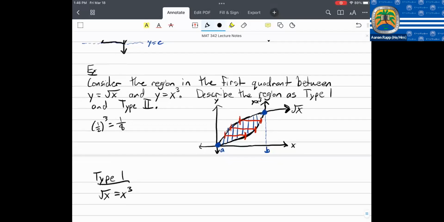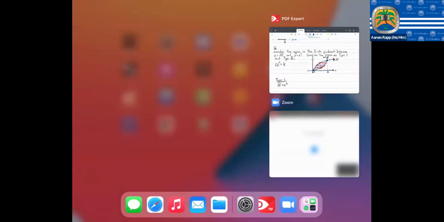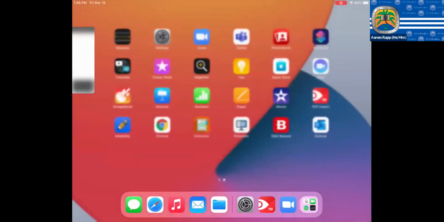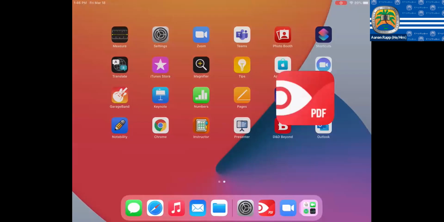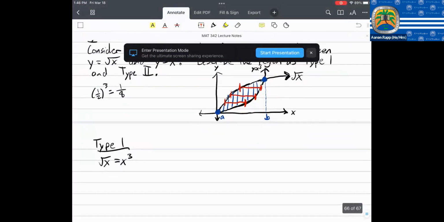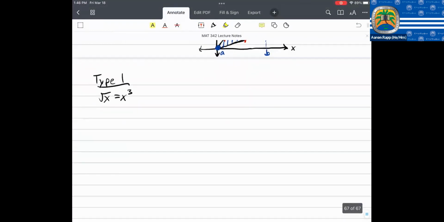Now, if you weren't able to get that intuitively, I can turn this into an equation equal to 0.